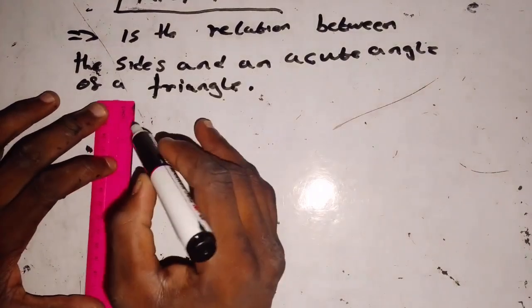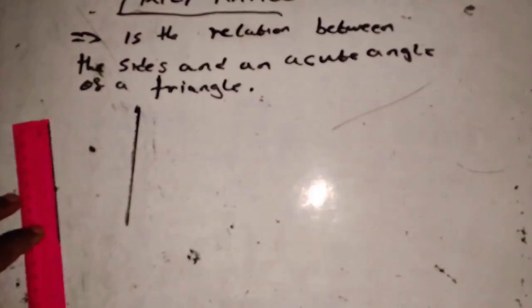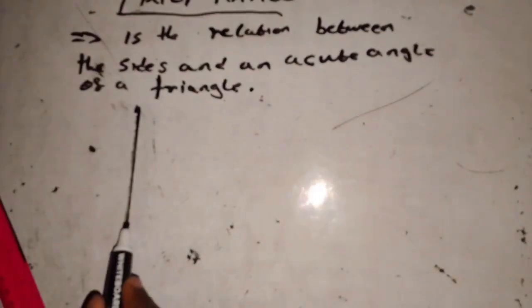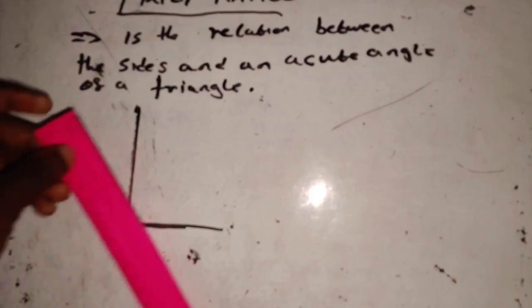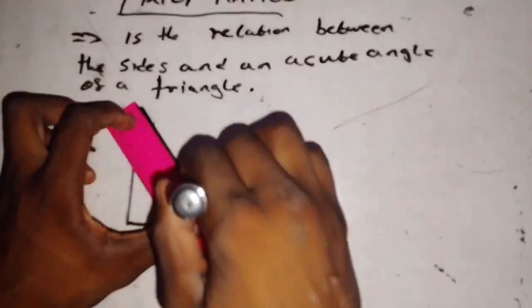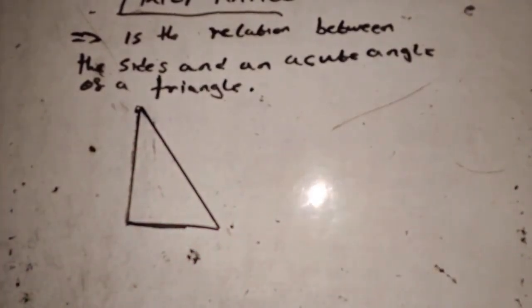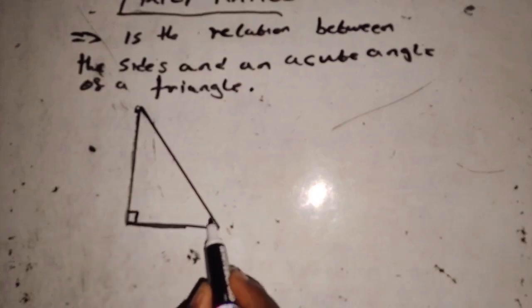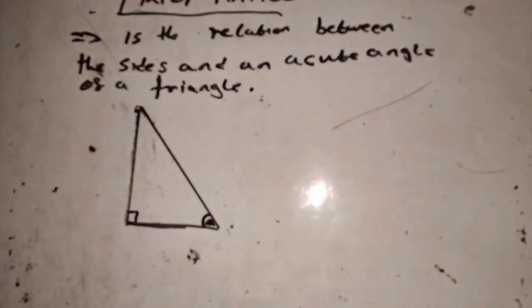We have a triangle, and this is the right angled triangle. In here we have 90 degrees, and here we have a theta. Having this, let's now label the triangle on trig ratios.